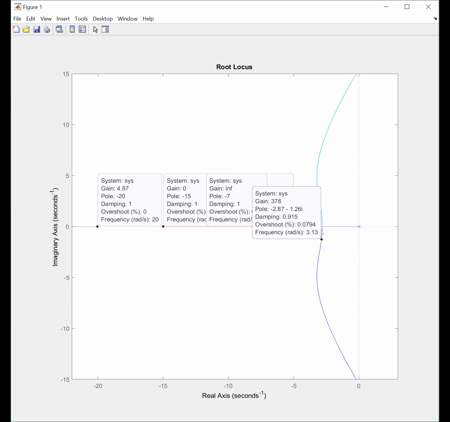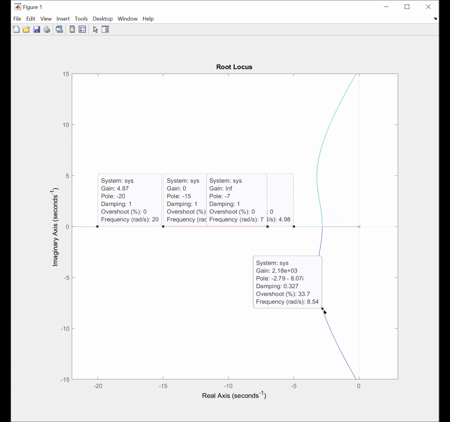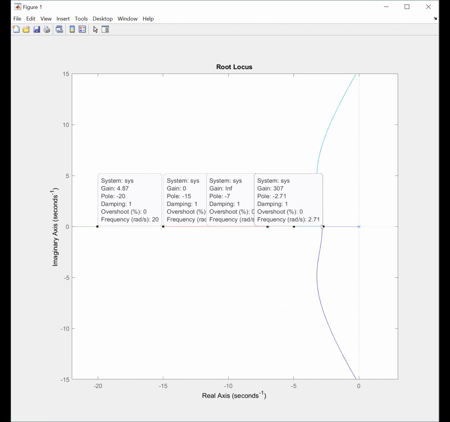It starts with a gain value of 0. Can you see that I am at gain 0? Now I'm going to drag this, and you will see the gain value keeps on changing. This is how my poles change as I travel on the root locus, and corresponding gain values also change. This is what it means by plotting the root locus.